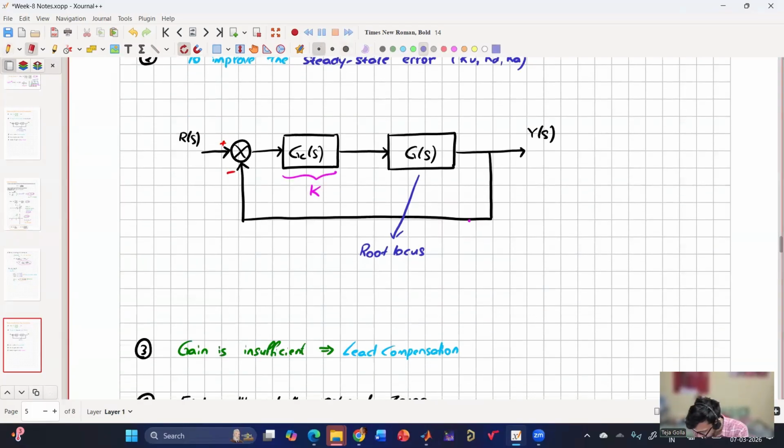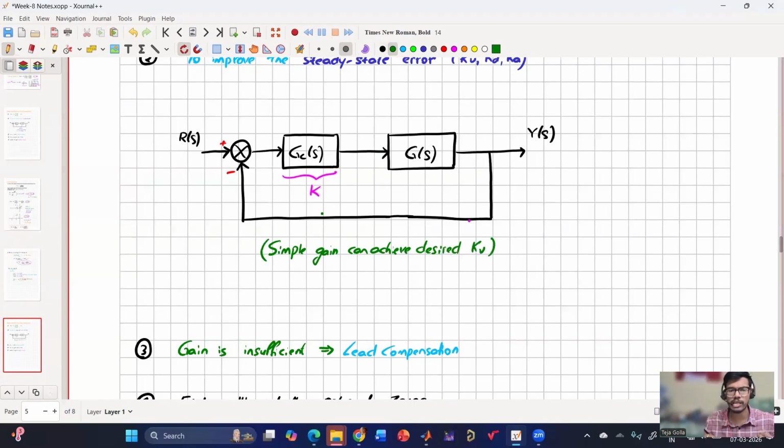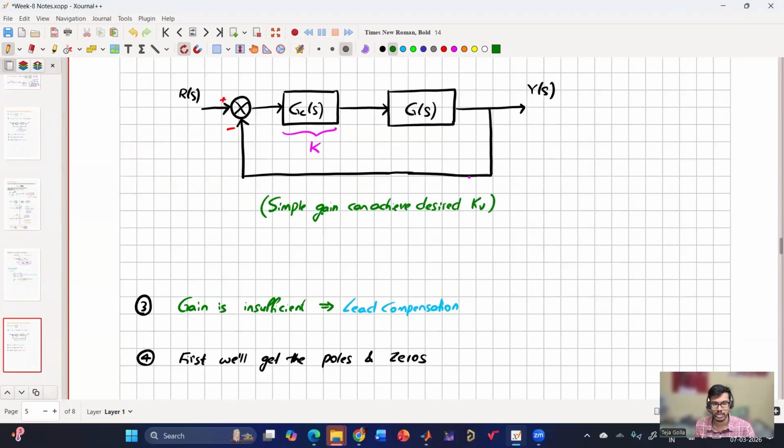Again, we are not plotting the root locus because root locus is not the question, but we will see whether simple gain can achieve the desired KV or not. If it is achieving, then my problem is solved. I will use simple gain KV, and then it is sufficient.